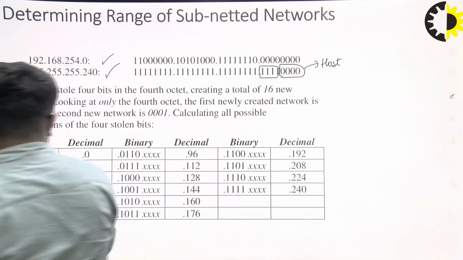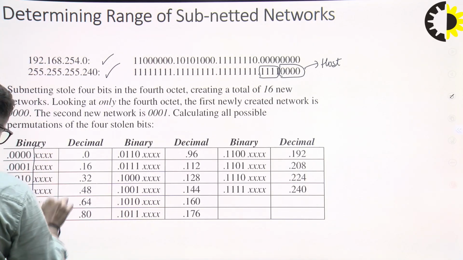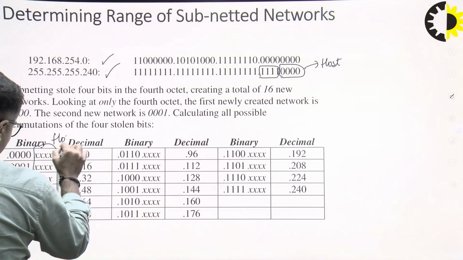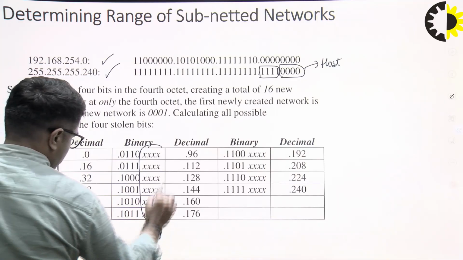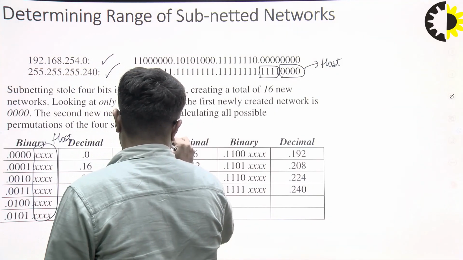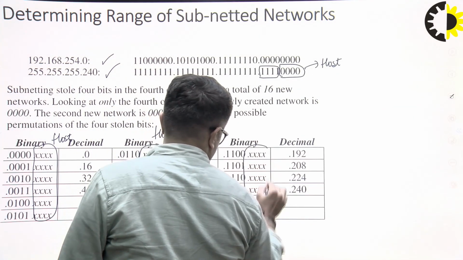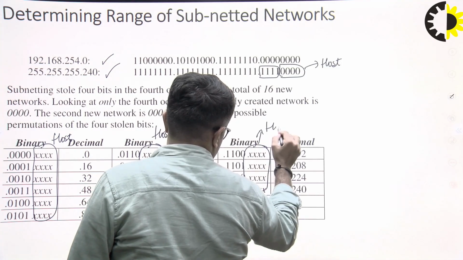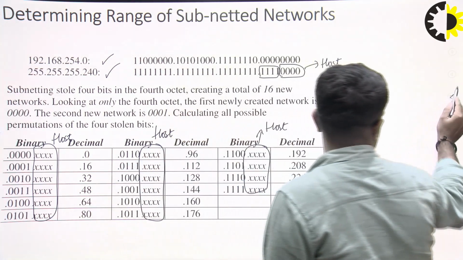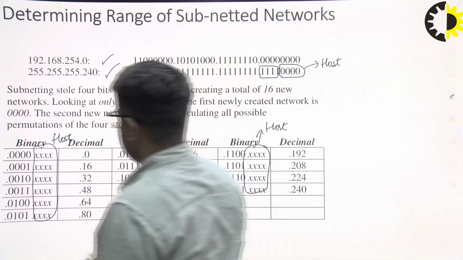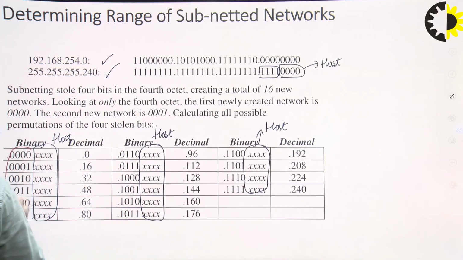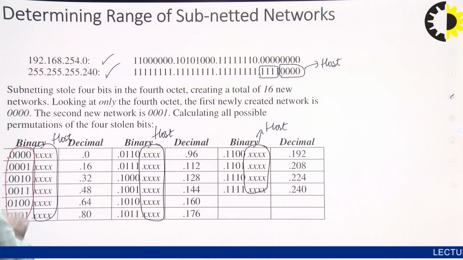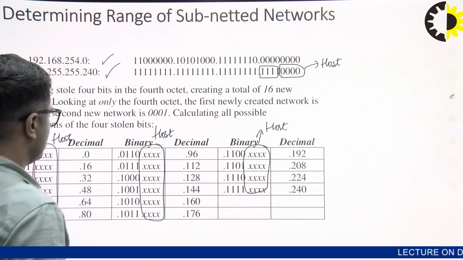Now, leaving the host part, this network part can change from 0000, 0001, 0010, 0011 and so on.